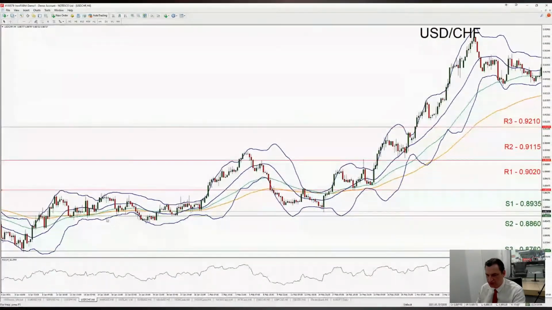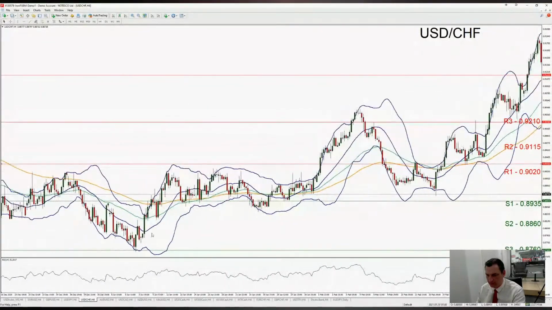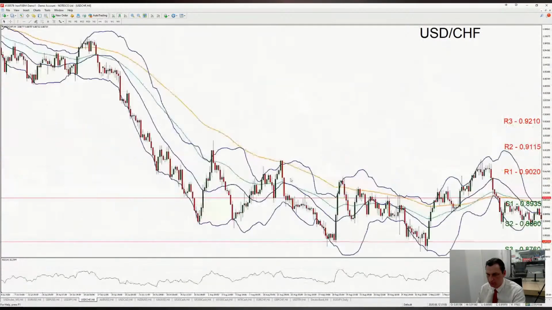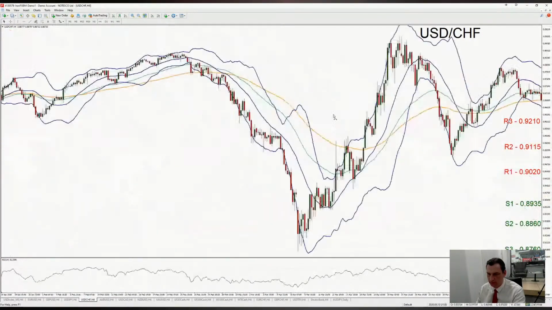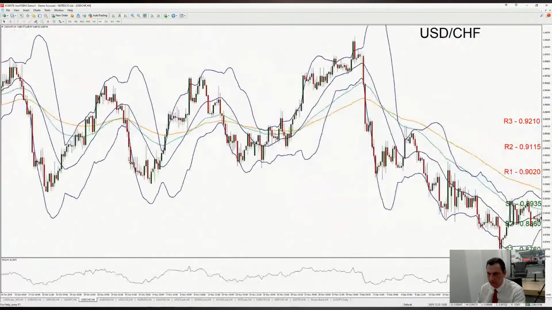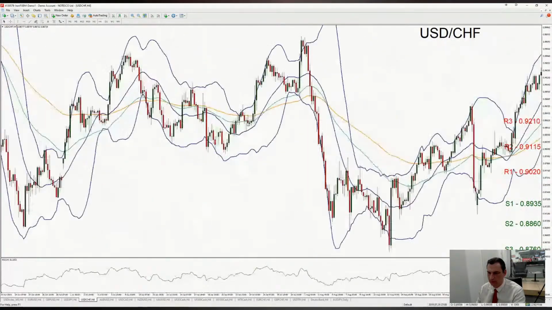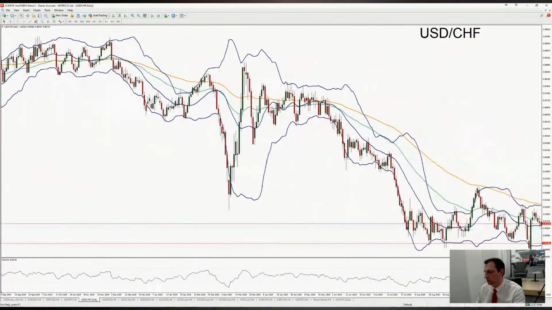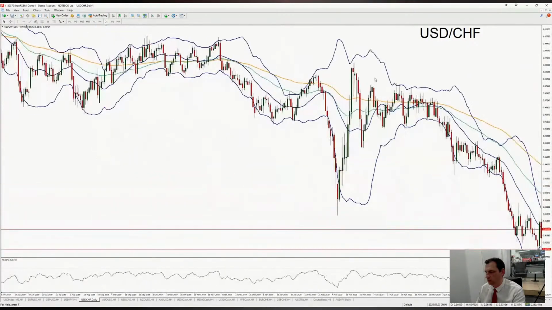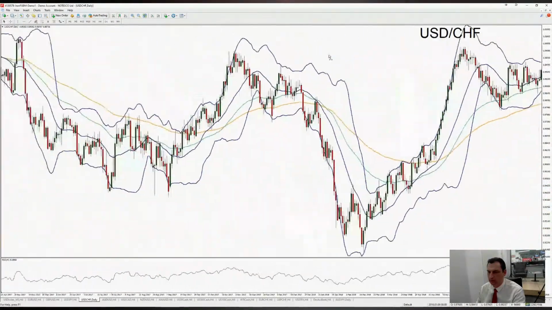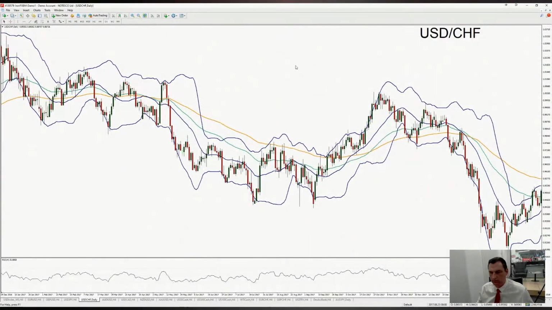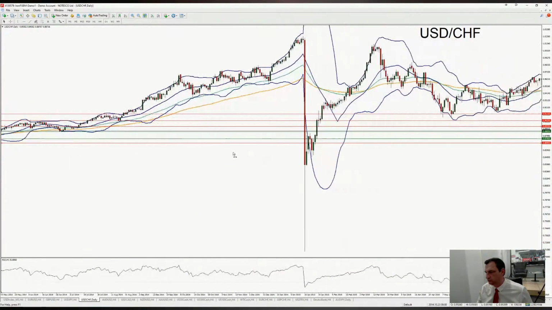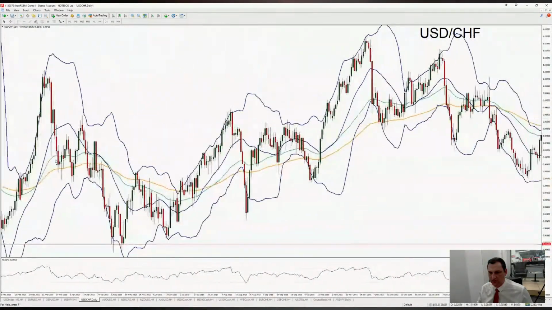Okay, we can see the touches of the S1, of the S2. Moving out to the daily chart. Give me a sec.